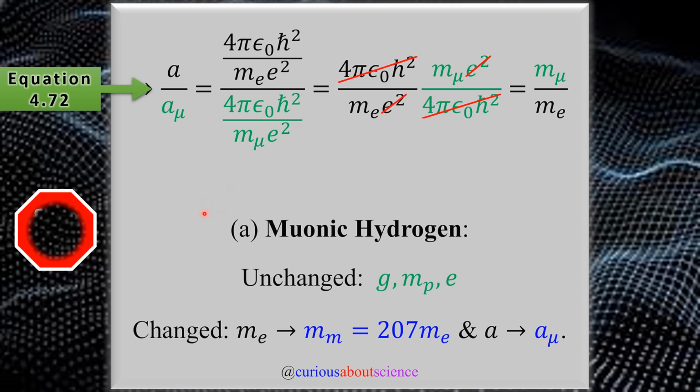So this leads us to step number 2, where we have the muonic hydrogen. The things that remained unchanged in the question were the G factor, the mass of the proton, and the charge. Cool, we got that. What did change though is that the mass of the electron gets moved to the mass of the muon, and I'm trying to keep the notation the same because muons are typically denoted with the Greek letter mu, but so is the reduced mass, so it kind of gets a little hectic.